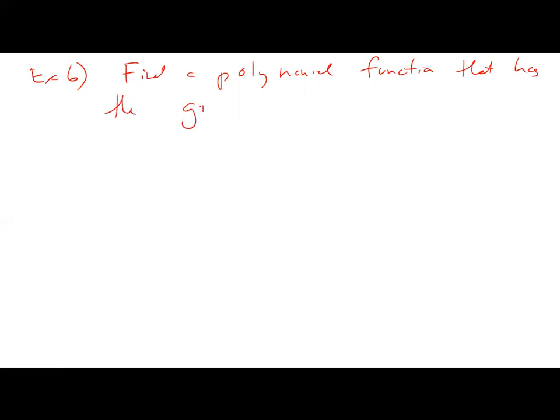Let's now jump with zeros. So let's go backwards based upon zeros here. Exercise 6. Find a polynomial function that has the given zeros.